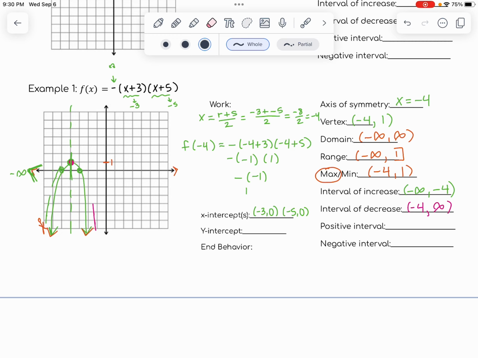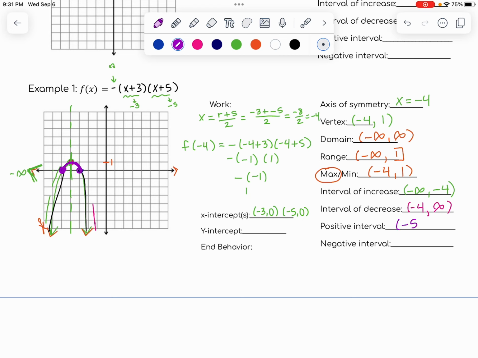And the negative intervals are where the y values are negative, and that happens below the x-axis. So the x-intercepts break up these intervals. Our positive interval here starts at this first x-intercept at -5, and it stays positive until we get to the other x-intercept at -3. So it's from -5 to -3.